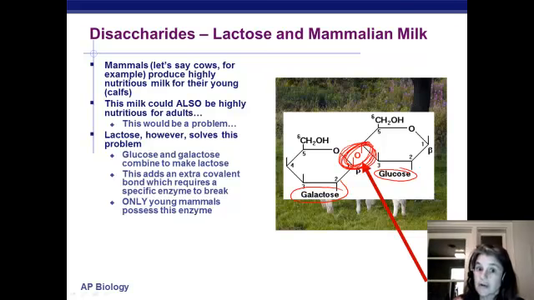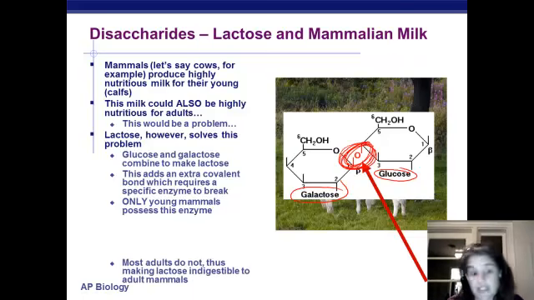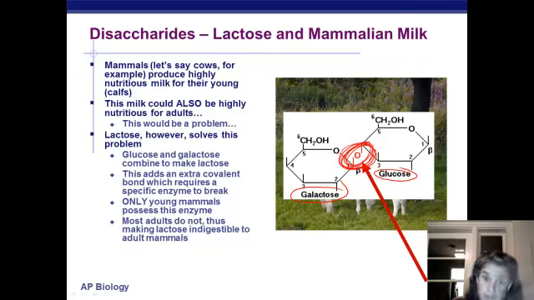The vast majority of the world's human population is still lactose intolerant. I don't remember if I have the map in this PowerPoint or not, but it's very select areas that are made up of mostly people who can digest lactose. It breaks out along racial lines. Asians, I believe, are highly prone to not being able to digest lactose, and that is the normal state for mammals.